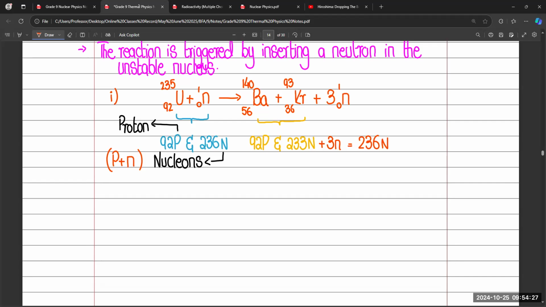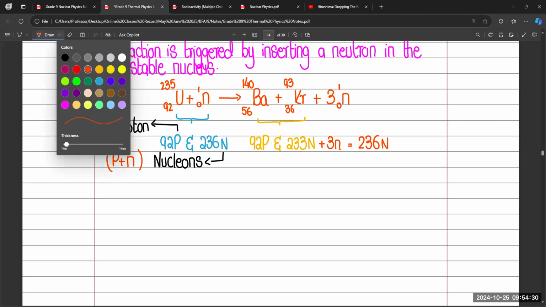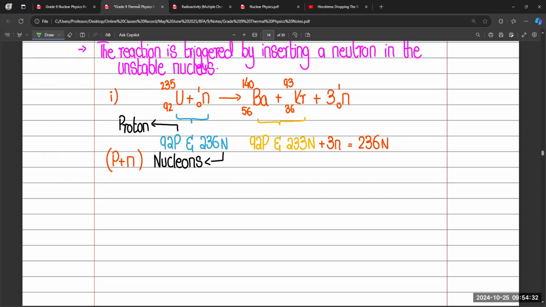So initially we have reactants. Actually, these elements are called reactants, because these two elements are reacting with each other, right? Just like in chemistry, you studied about reactions. You are mixing up these two things and you are getting something new.